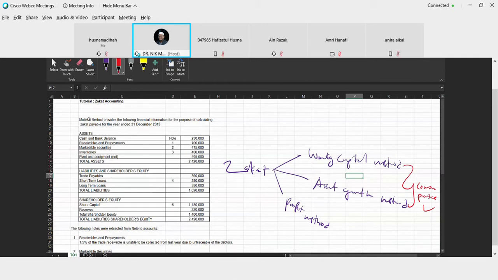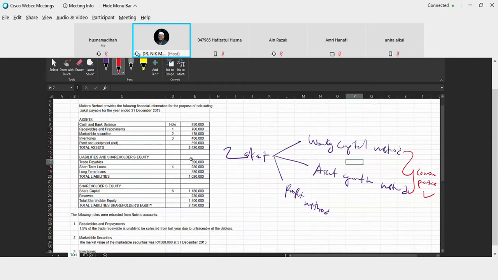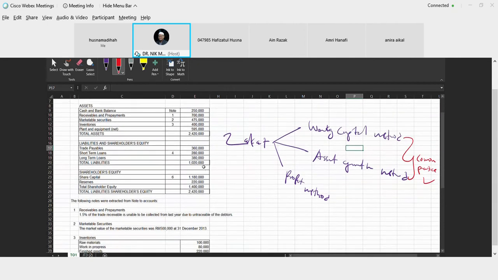In this set of questions, you are going to be given some balance sheet information: cash at banks, receivable amount, marketable securities, inventory, and plant and equipment, how much each. That information represents the assets.